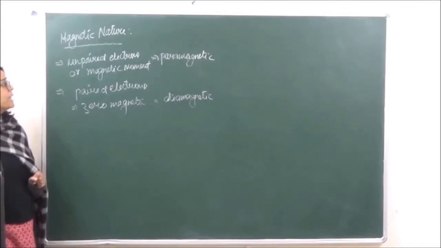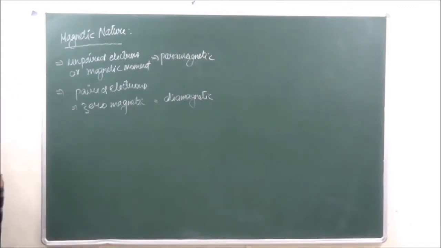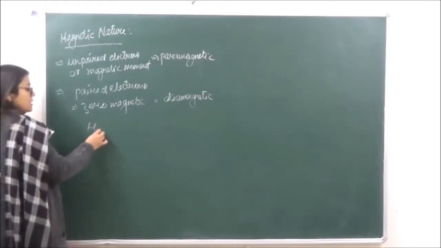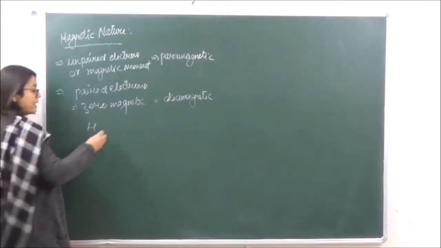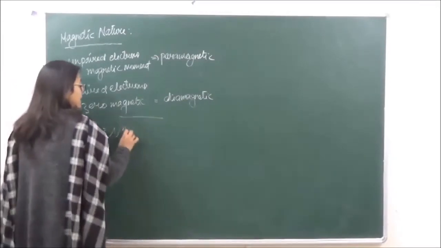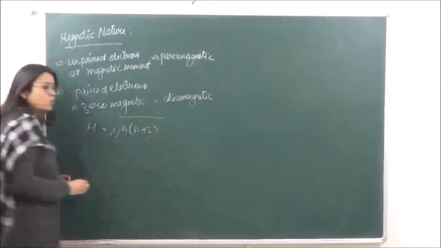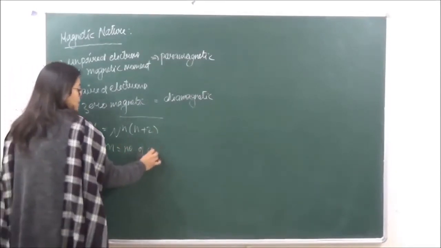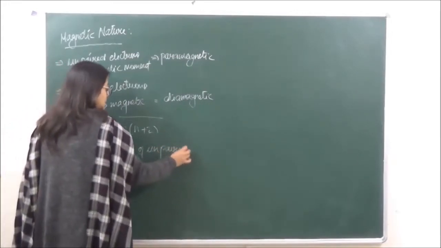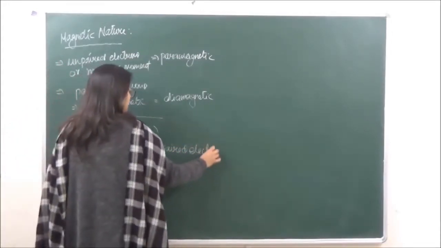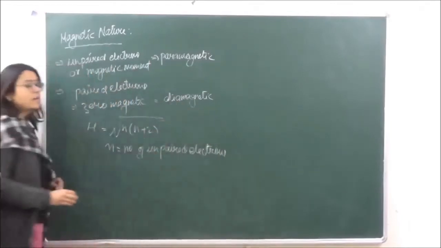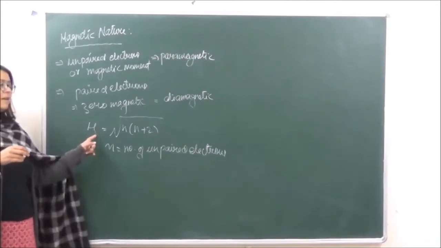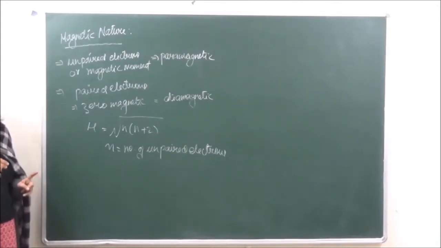We also know that the Bohr magneton is the unit which measures the magnetic moment, denoted by mu. This mu can be calculated as the square root of n into n plus 2, where n is the number of unpaired electrons present. So the greater the number of unpaired electrons, the greater the value of mu and the greater the paramagnetic nature.